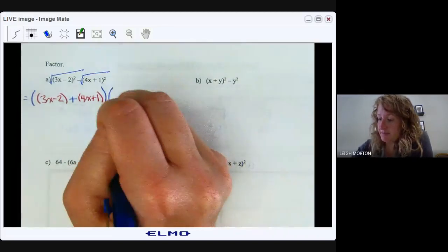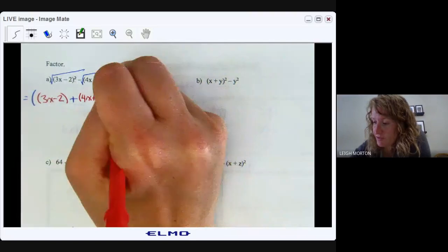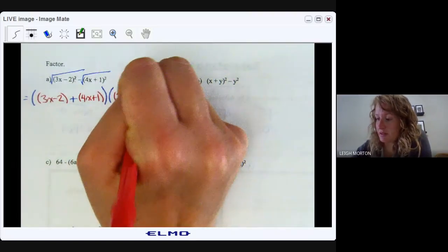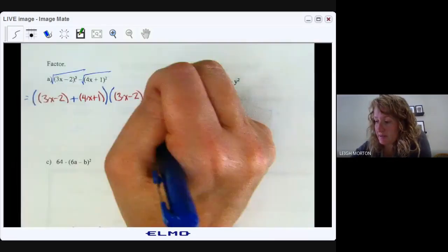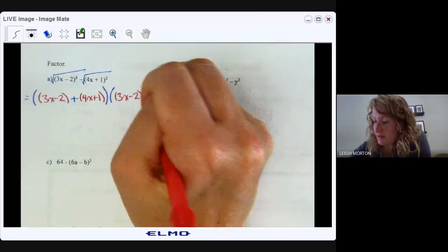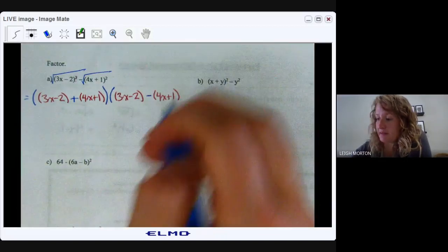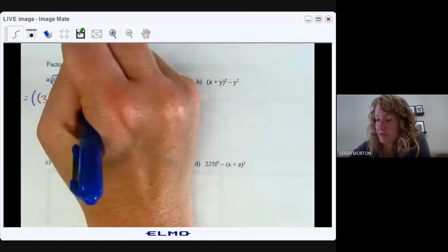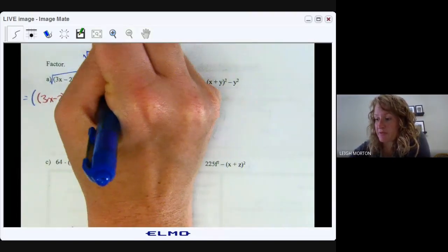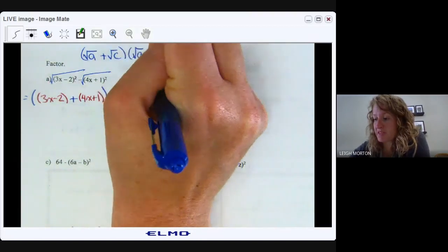My second, I take the square root again. So 3x minus 2. This time, I'm subtracting it. 4x plus 1. That looks like a nightmare, but it is still the root of a plus the root of c times the root of a minus the root of c.